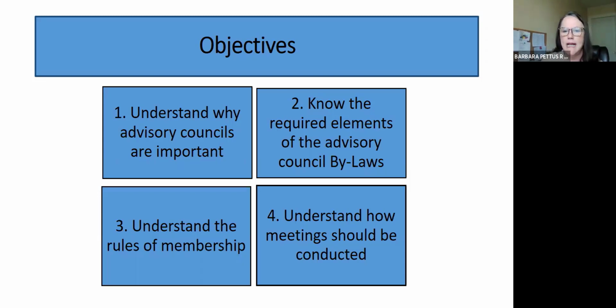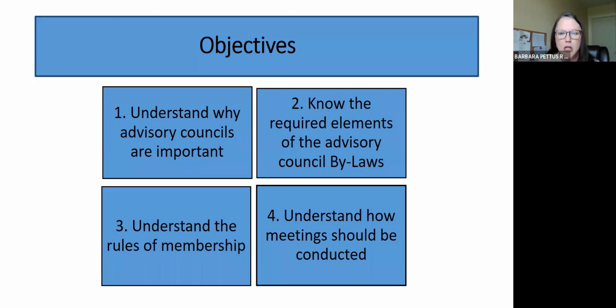Our session today is broken up into 4 sections, and those are our objectives for today. We hope when we're finished today, you're going to have a better understanding of why advisory councils are important. We hope that you will know all the required elements of your advisory council bylaws, and learn more specifics about those bylaws and how they can help you do your work.